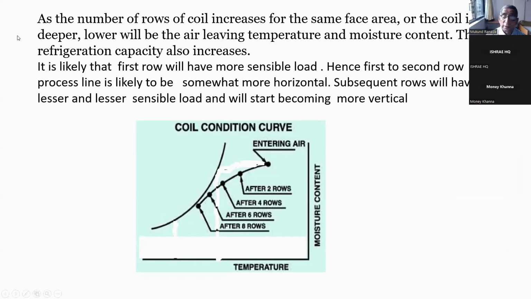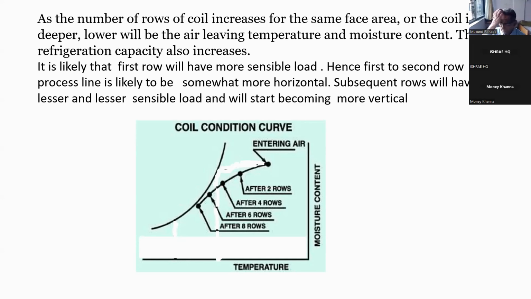So naturally, initially the process is more horizontal, and as you go further and further, the process takes more and more latent heat, and the vertical component increases instead of the horizontal component. Hence the line is always a curved line from start to finish of the process, and it is not a straight line as we normally take in the psychrometric process.